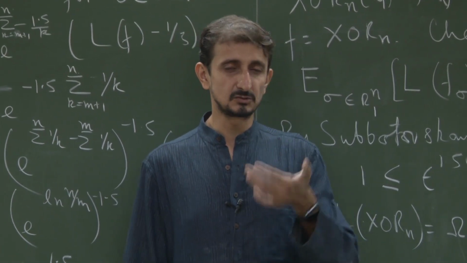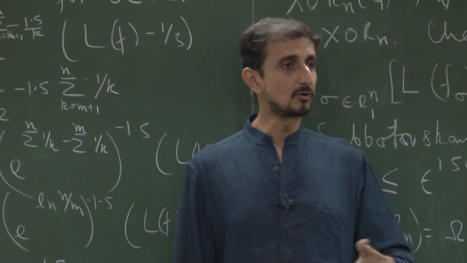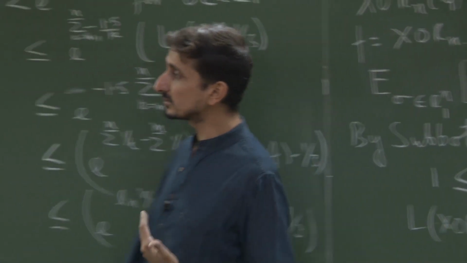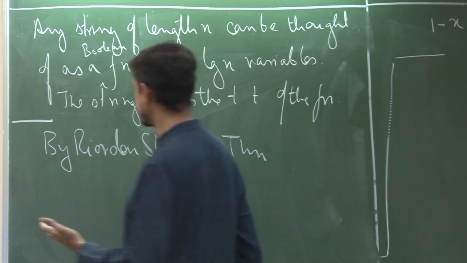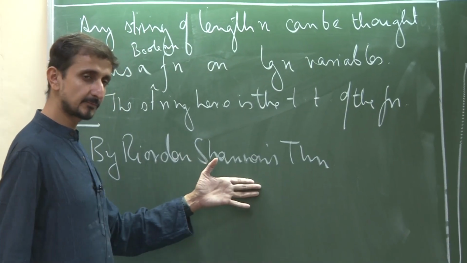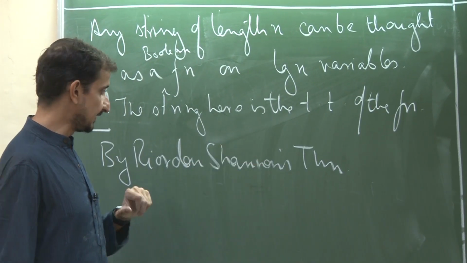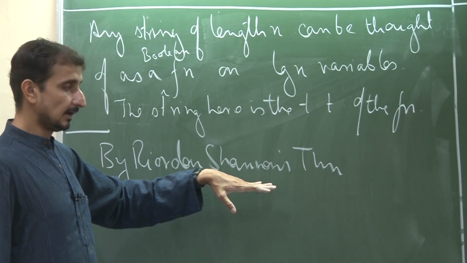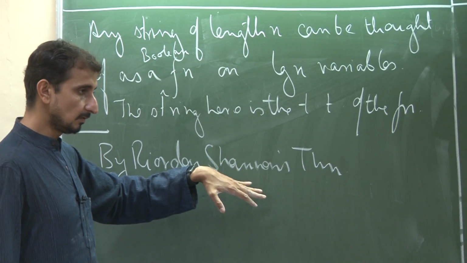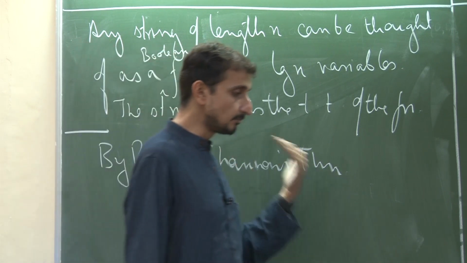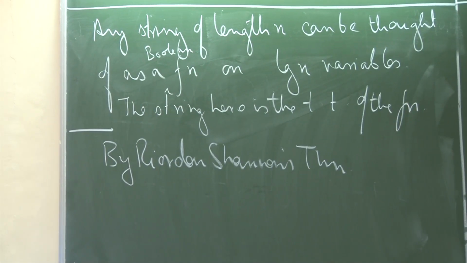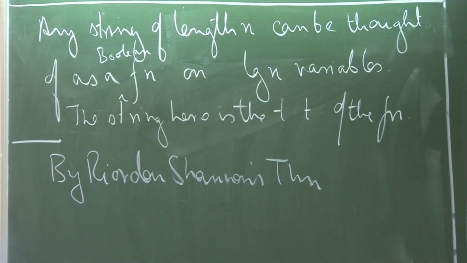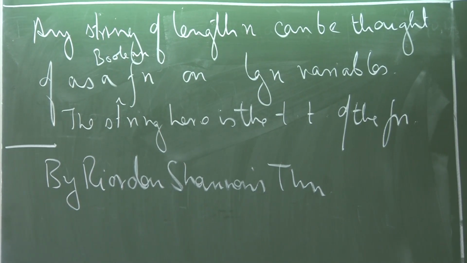Shannon's theorem was a lower bound on the circuit size and Riordan-Shannon was a lower bound on the formula size. Essentially what it says is that for most functions on n variables, the formula size is at least 2 to the power n divided by log n.